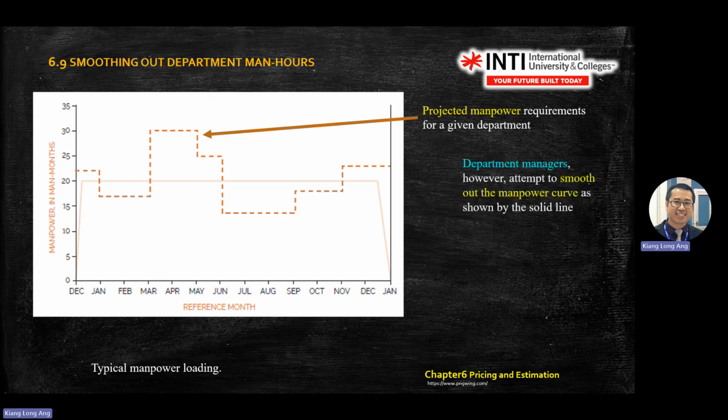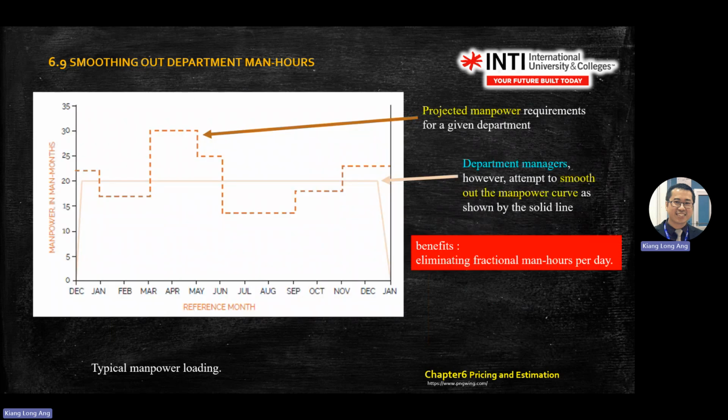Okay. So the department manager attempts to smooth out the manpower curve as shown in the solid line so that you don't create disturbance to your production. Otherwise this month you hire people, this month you fire people, very troublesome. And then accounts also has a headache: this month, why so much money comes out, and so on. So the department managers try to smooth out the manpower on average, right?